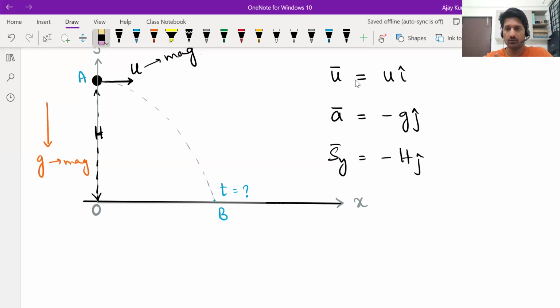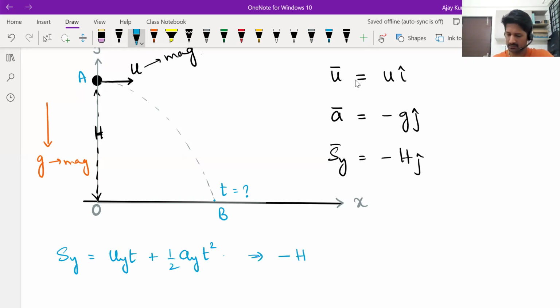Okay, and see, we don't know the complete displacement. We know displacement only in the y direction. So how you apply the equation is Sy, displacement in y direction, is Uy into t plus half Ay into t square. Displacement in y direction is minus h. Initial velocity in y direction was 0.